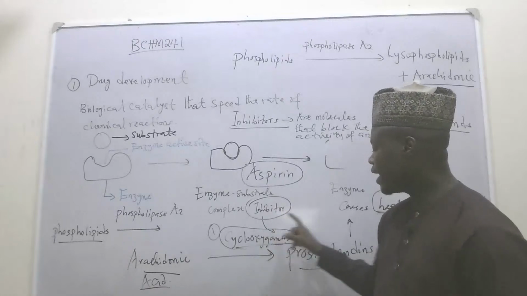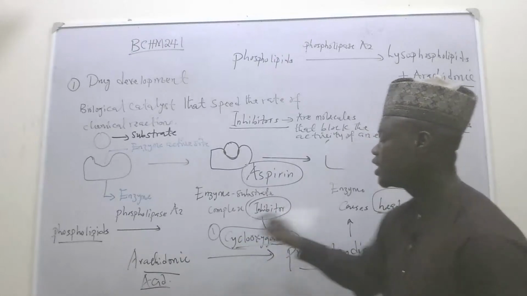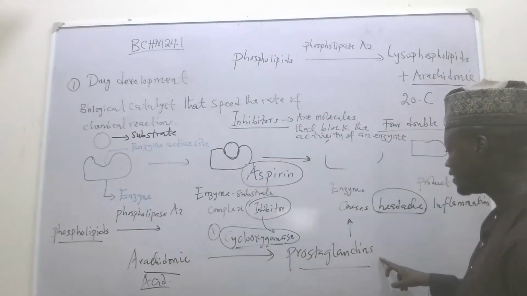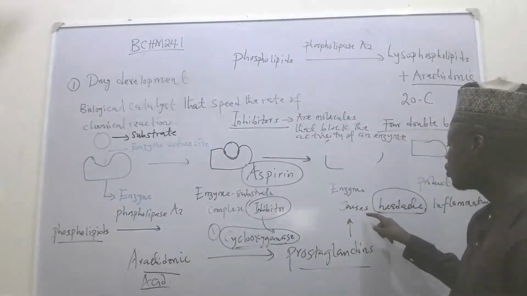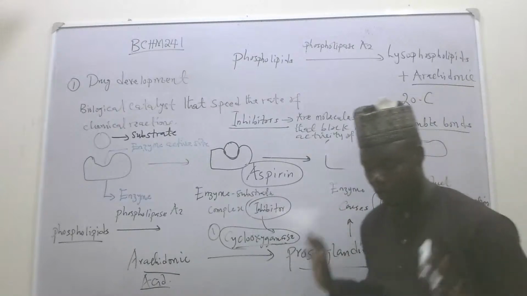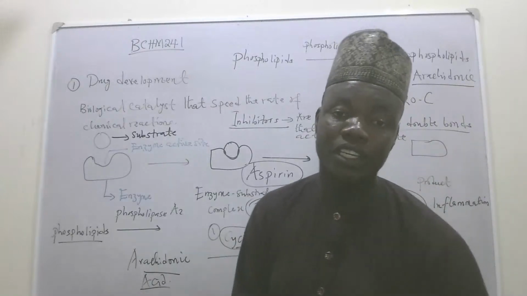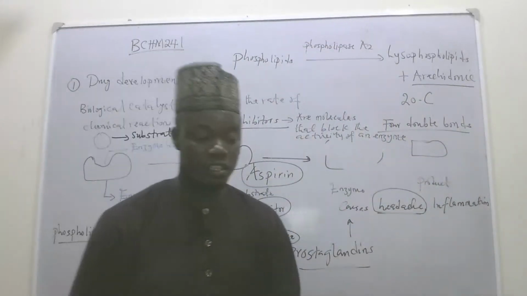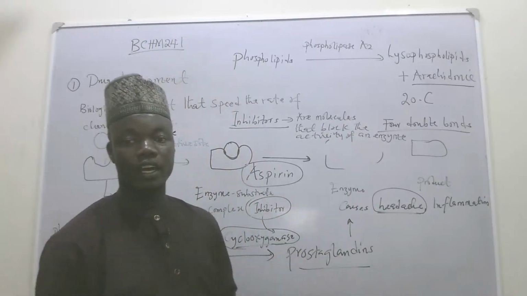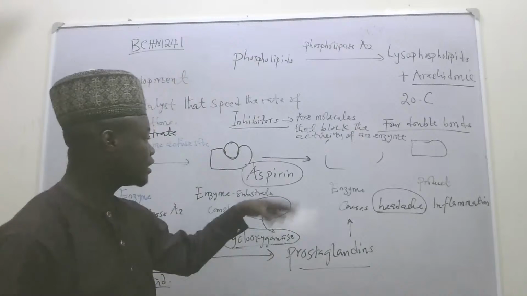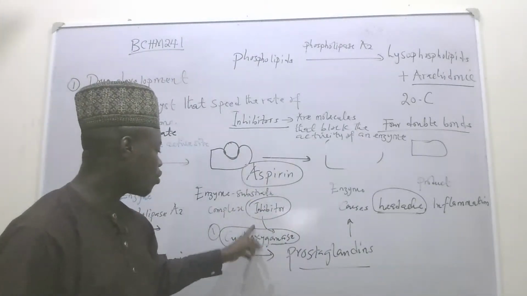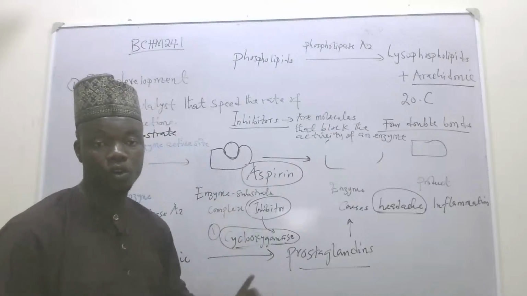By blocking cyclooxygenase, arachidonic acid cannot be converted into prostaglandins, and this will prevent headache and inflammation in our body. I hope, ladies and gentlemen, you are now clear and understand how aspirin blocks or inhibits the activity of cyclooxygenase.